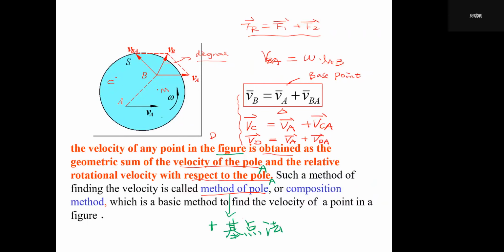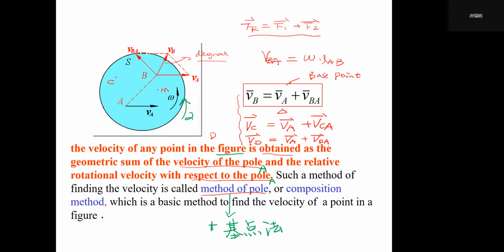Then we can use the information of this reference point, including its velocity and acceleration information, to find any other point on the same plane figure, its velocity and its acceleration, plus maybe the whole plane figure's angular velocity omega and angular acceleration alpha, right?